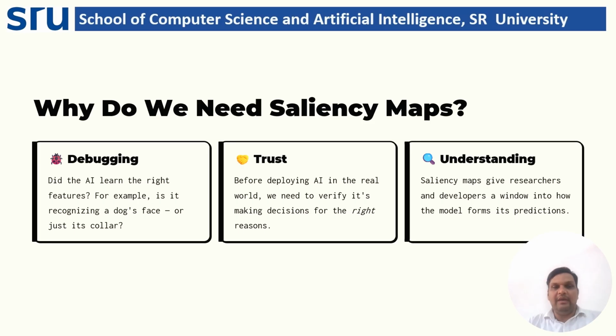Before deploying AI in the real world, we need to verify it's making decisions for the right reason. Understanding. Saliency maps give researchers and developers a window into how the model forms its predictions.